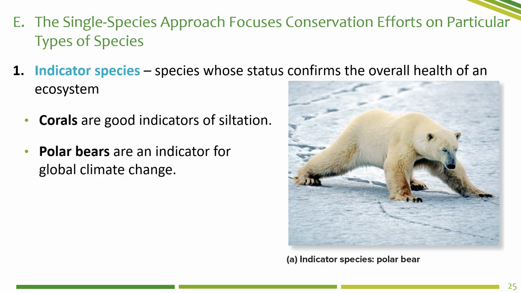We talked about some of the indicators of climate change. One of those indicators is reduction in ice at the poles. So this could be glaciers, this could be permanent ice, it could be floating ice. And polar bears are particularly susceptible because their hunting and their food gathering depends on that ice.